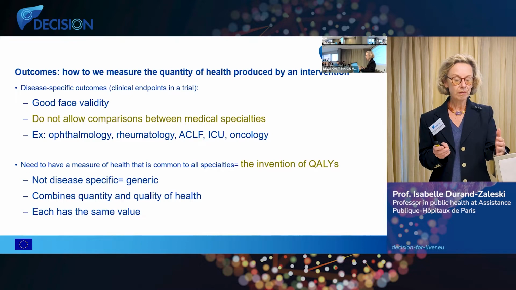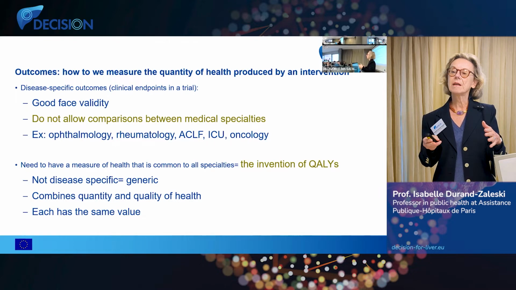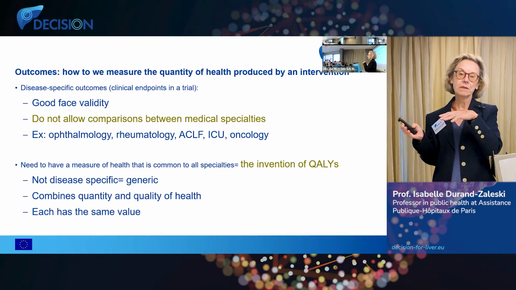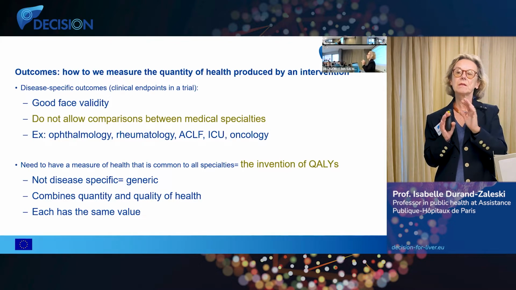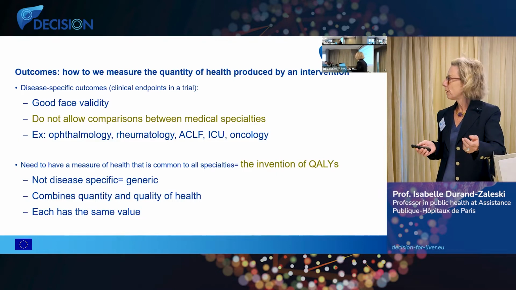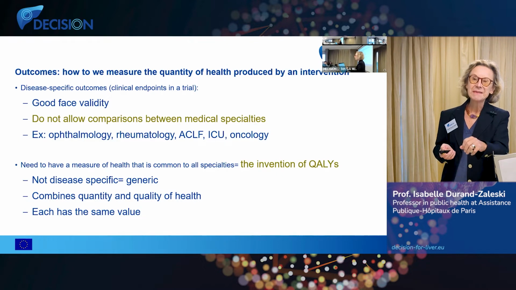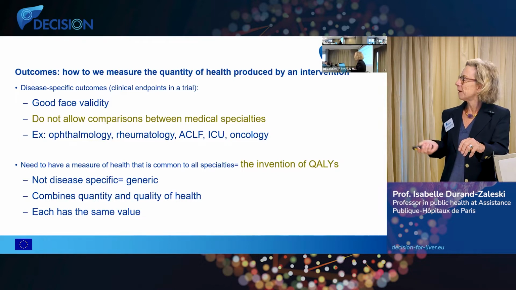But then when you have made that assumption, you can multiply one by another. And so it is equivalent to gain health through increased life expectancy or through increased quality of life. It's considered to be the same. And this is what we are doing. And this is why yesterday we discussed the EQ5D questionnaire for the combat trial.